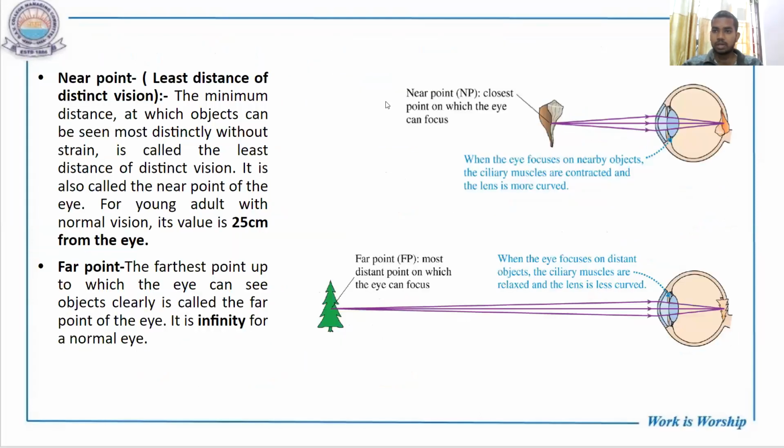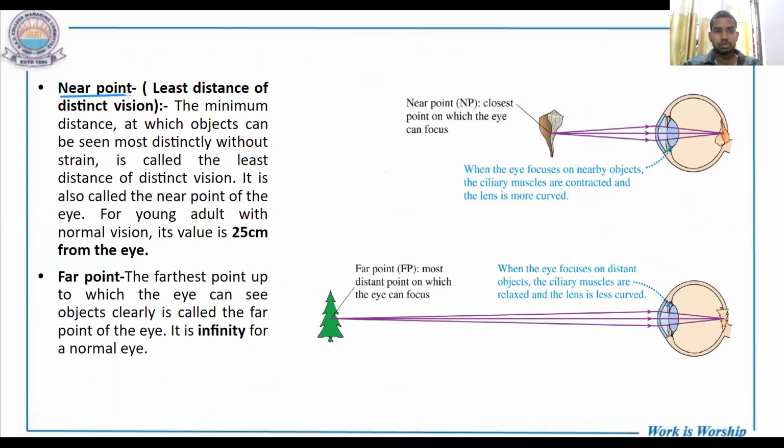Then the near point. What do we mean by the near point of a human eye? It is the least distance of distinct vision: the minimum distance at which an object can be seen clearly and most distinctly without any strain.